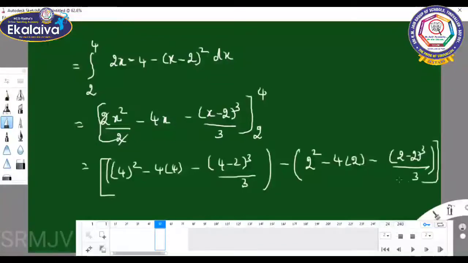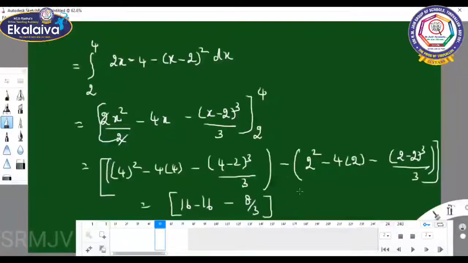So it gives 16 minus 16 minus 2 cube by 3, which is 8 by 3, because 4 minus 2 is 2.